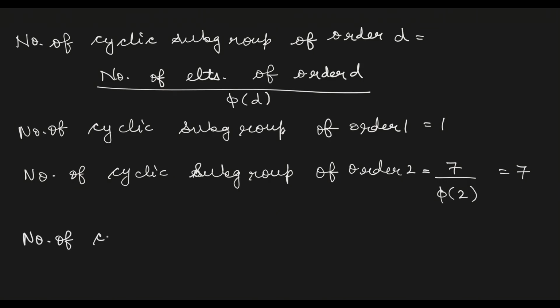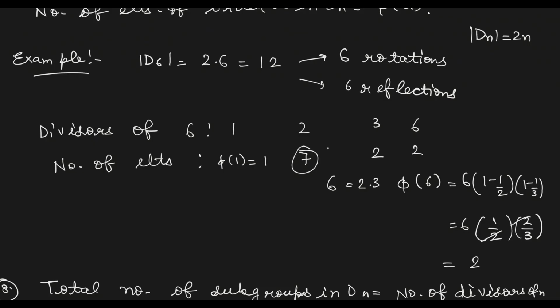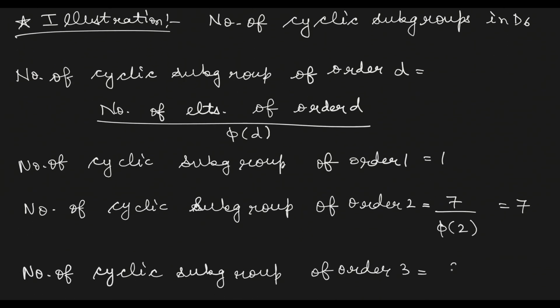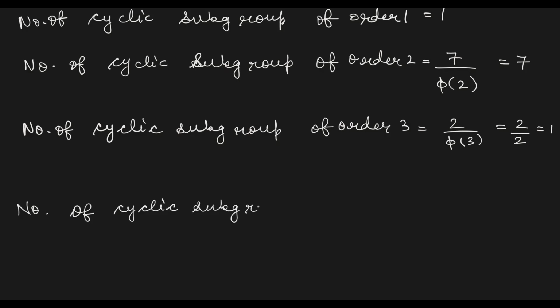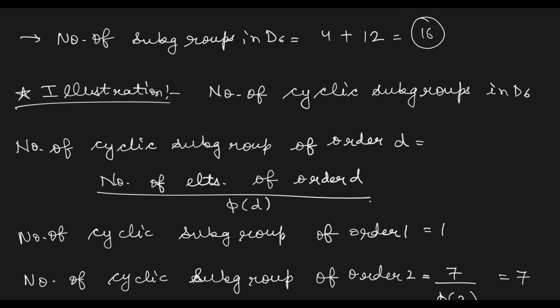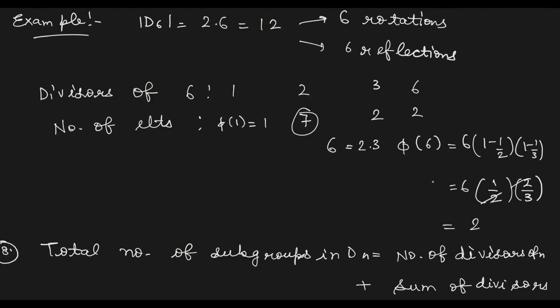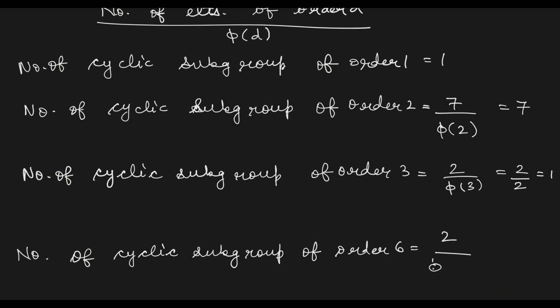Number of cyclic subgroups of order 3: number of elements of order 3 were 2, upon phi 3. Phi 3 is also 2, so 1. Number of cyclic subgroups of order 6: number of elements of order 6 were 2, upon phi 6.